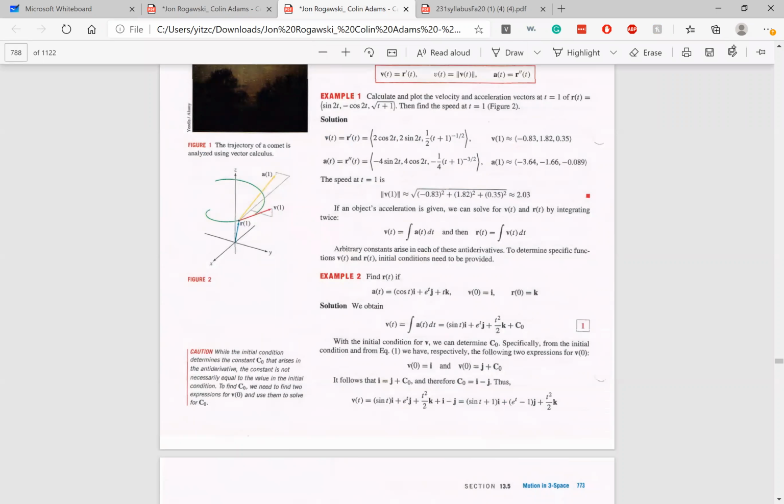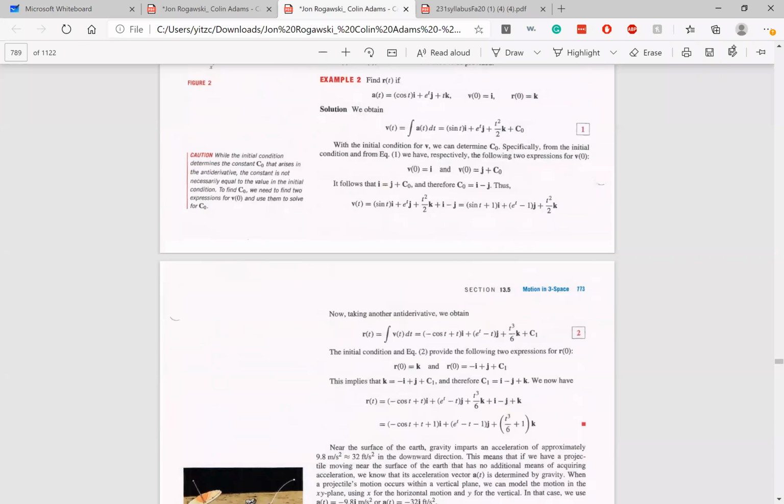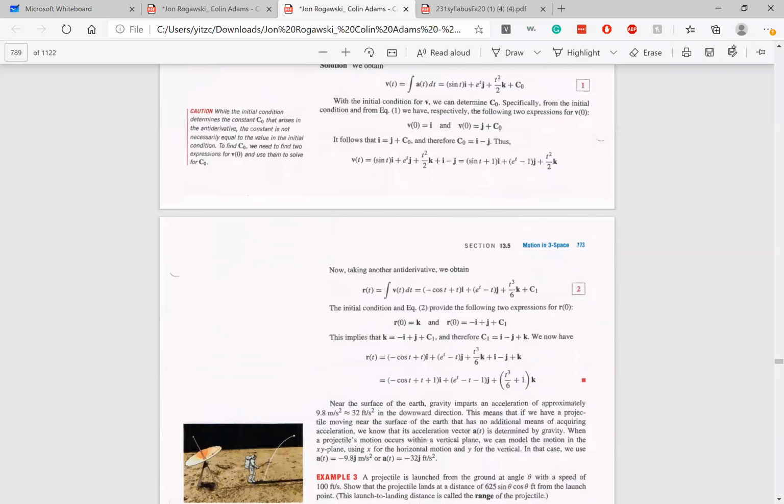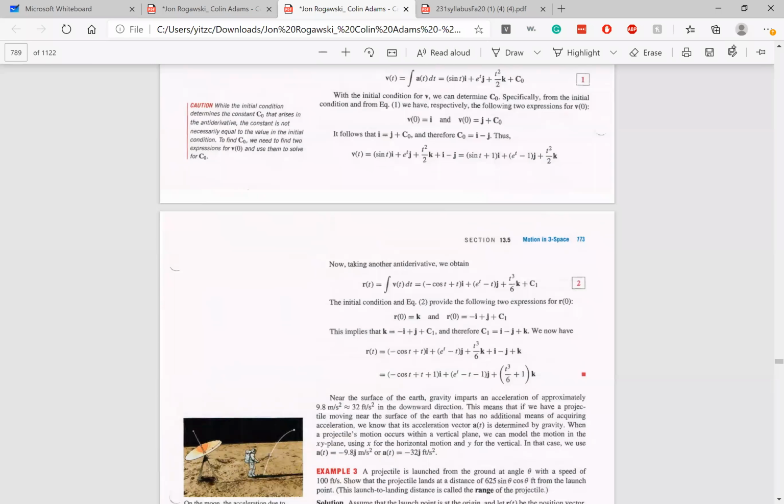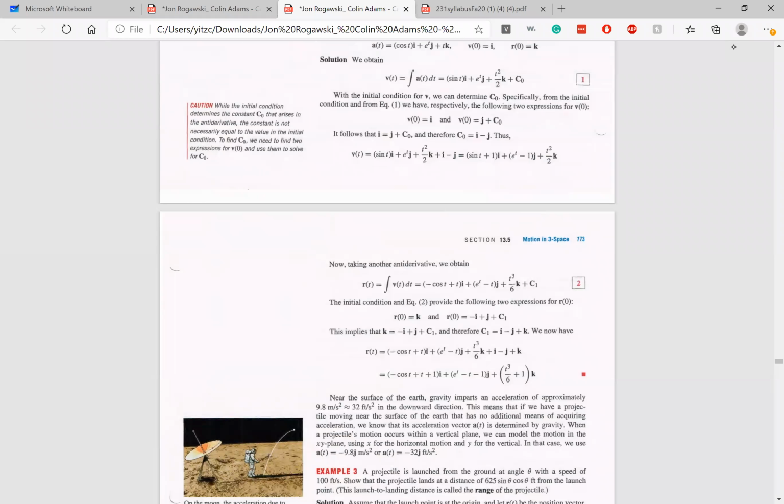So that's correct. So r of t is negative cosine of t plus t plus 1, e to the t minus t minus 1, and t cubed over 6 plus 1. So that would be our r of t.